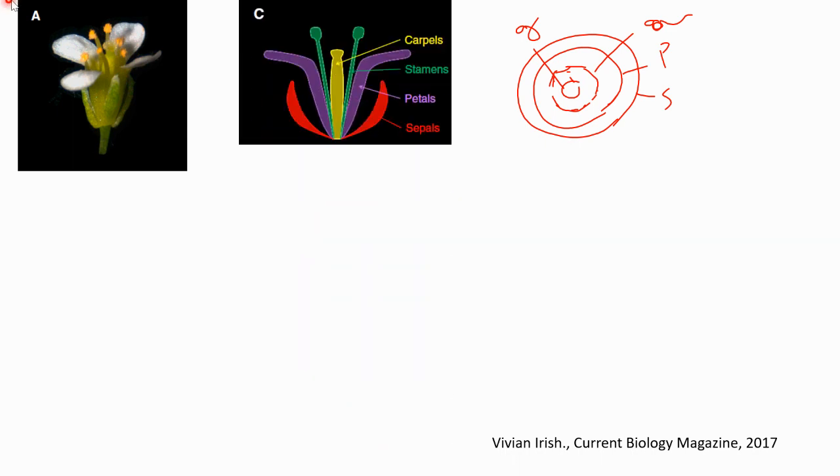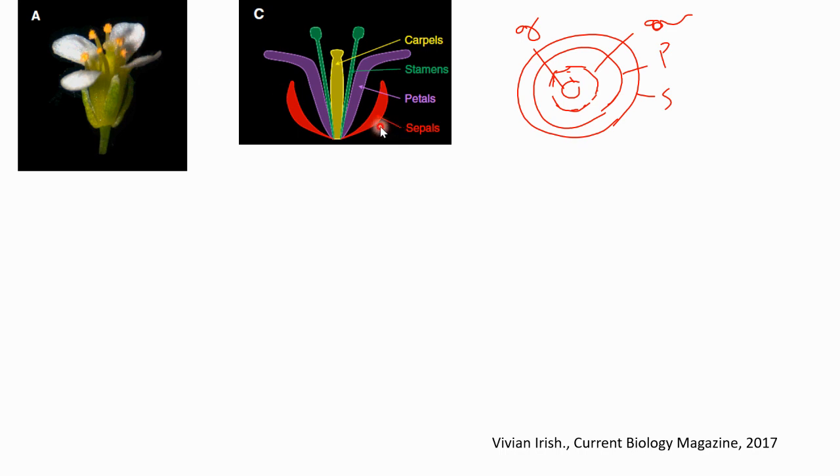If you look at a flower, there are different parts. The flower is basically the reproductive unit of a plant. It consists of different whorls, the reproductive whorls and the accessory whorls. The outer green part is the sepals, and the white part, or any other color in other flowers, is known as petals.